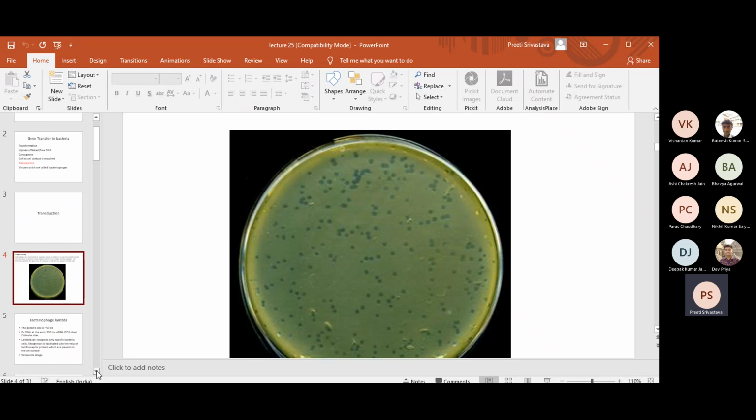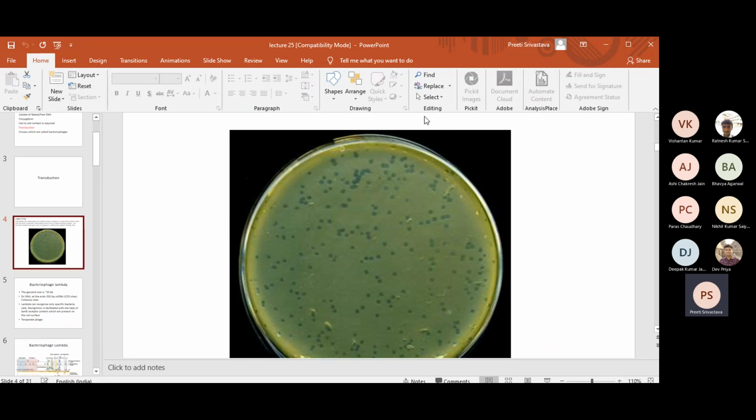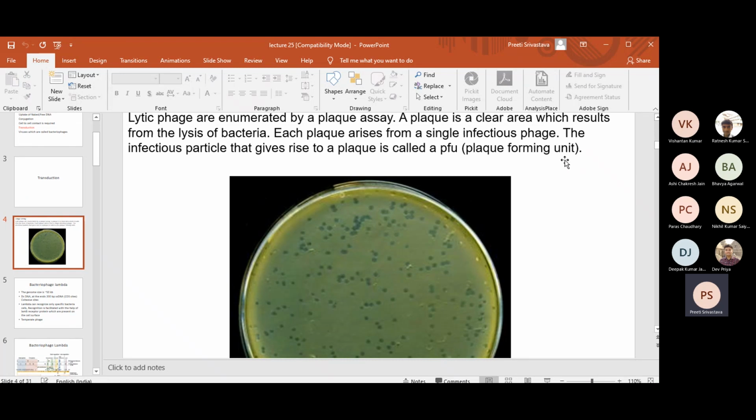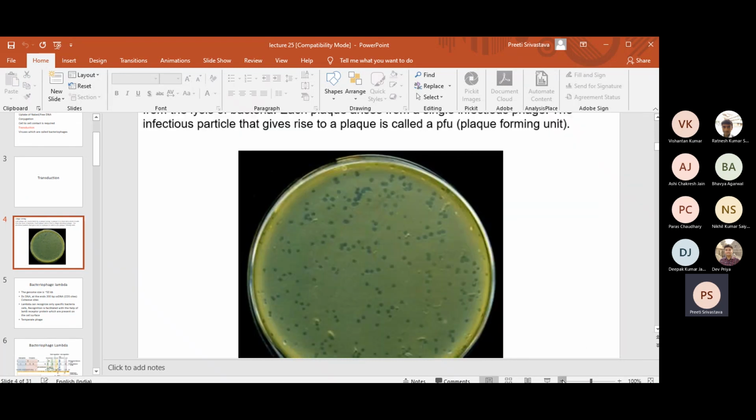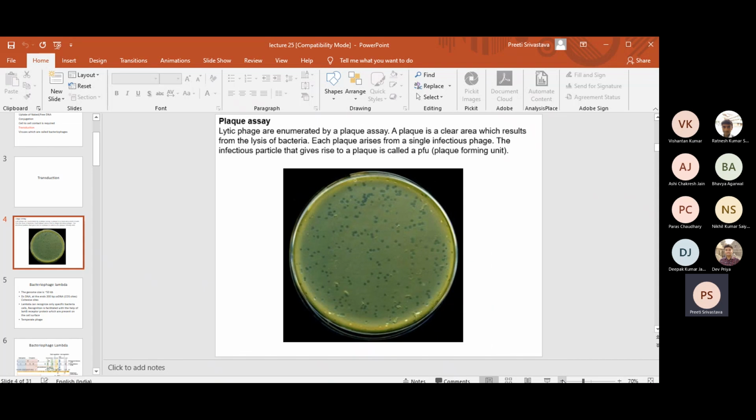Okay. And these are called plaque forming units, PFU. This is how you can determine the titer of the phage. When we talk about bacterial cells, we say that one OD is 10 to the power 9 cells, or for example, 0.4 OD is 2 into 10 to the power 7 cells for E. coli.